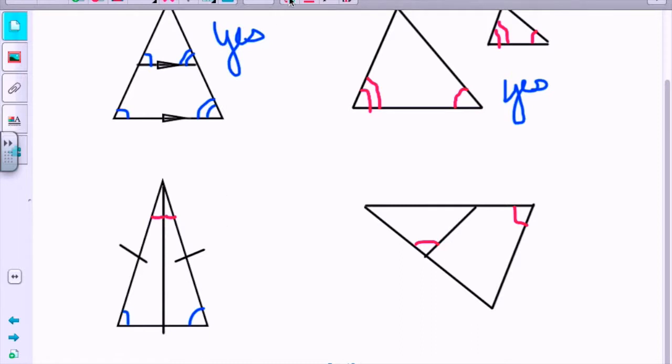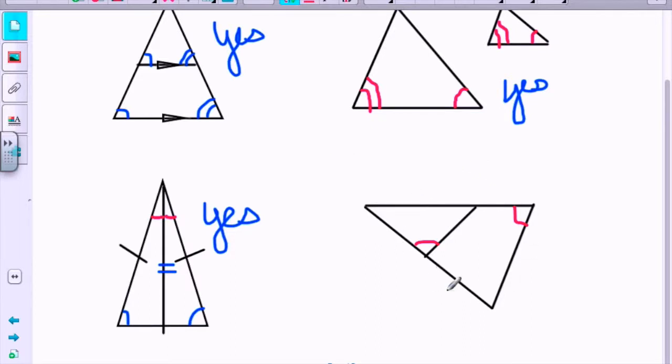So these are similar by AA similarity. So this is a yes too. And again, there's more than one way to do that one. These are actually even congruent. You'd be able to prove them congruent by SAS, with this being the reflexive. And if triangles are congruent, they are similar. Their ratio is 1 to 1.